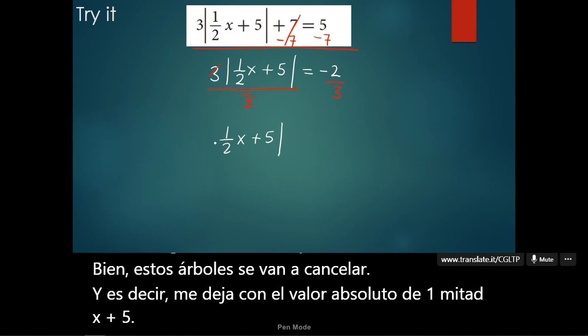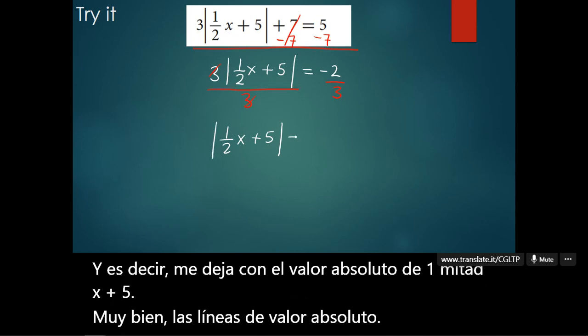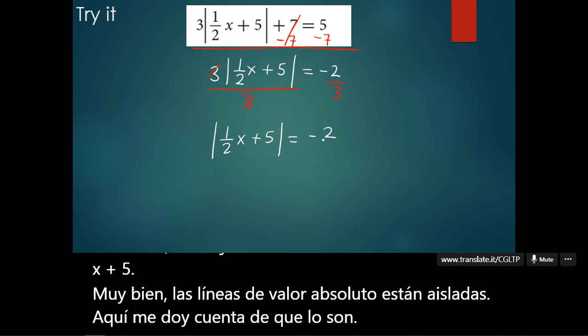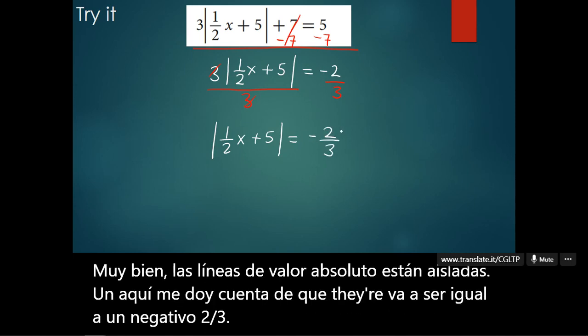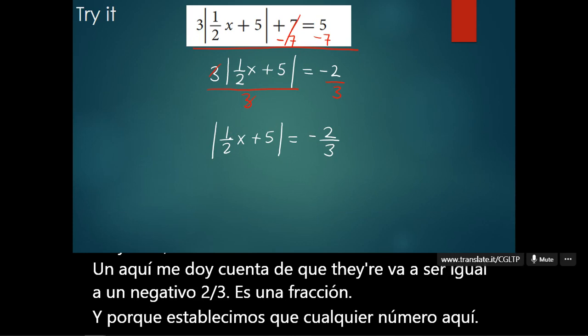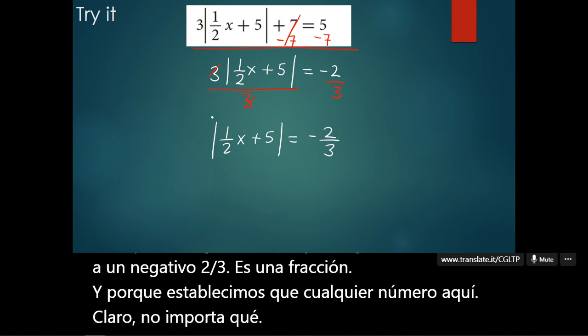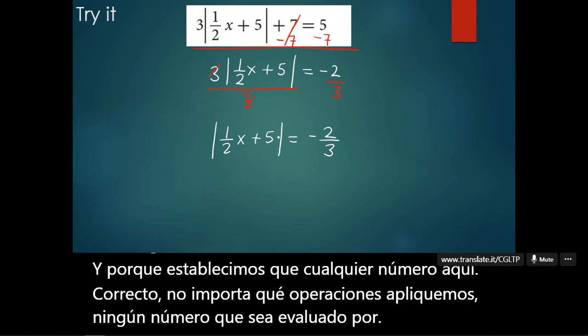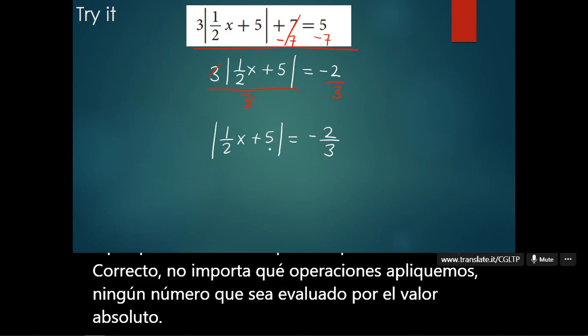All right, the absolute value lines are isolated. And here I notice that they're going to be equal to -2/3. It's a fraction. And because we established that any number here, doesn't matter what operations we apply, any number that is evaluated by the absolute value operation is going to be positive.